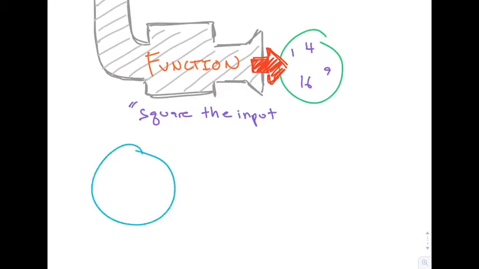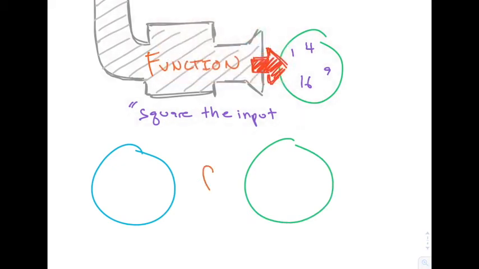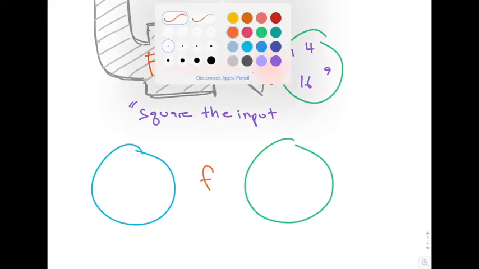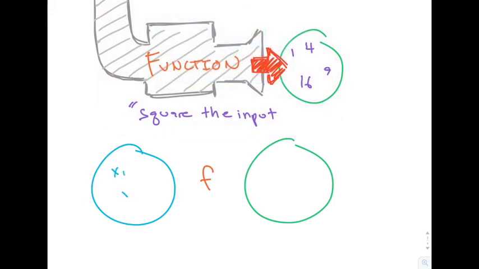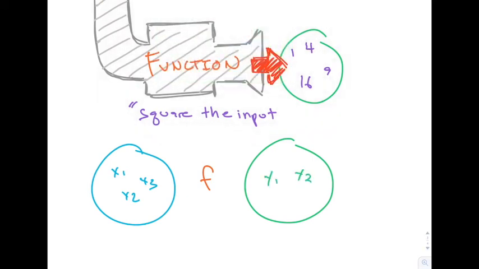We take the blue circle and we apply the function f to things in the blue circle. Maybe we got a bunch of x's in here. And we get things that fall into the green circle. Now, again, it's really important to say that every x has exactly one y.